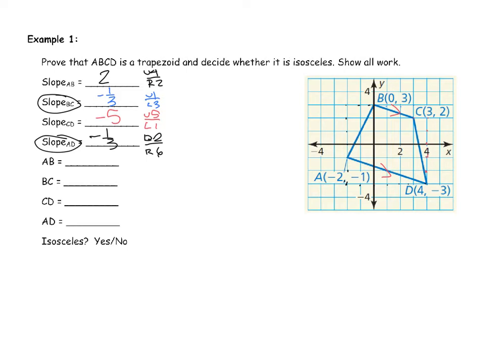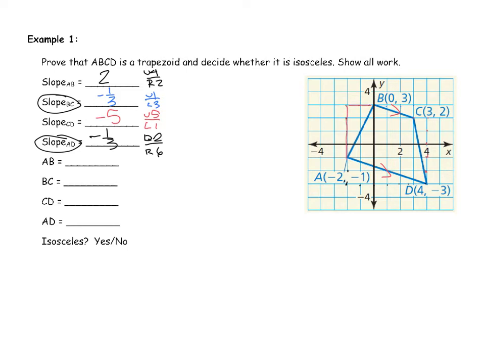Now, let's figure out if it's an isosceles trapezoid. In order for it to be an isosceles trapezoid, we know that it has to have congruent legs. So we're not worried about the base. The bases don't have to be congruent, but the legs do have to be congruent. So what we're going to use here is the Pythagorean theorem to help us figure out what that distance is.